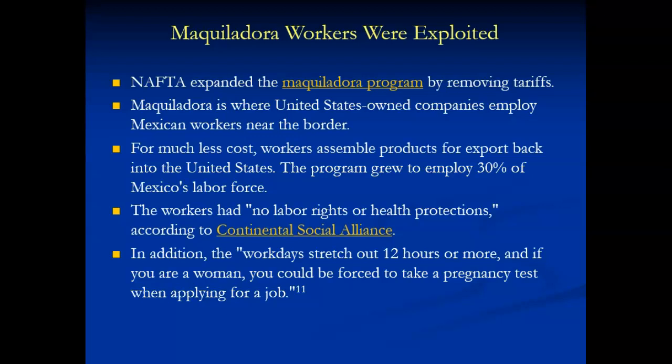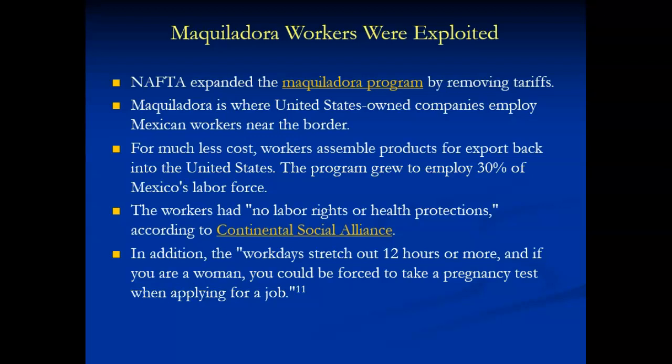So let's talk a bit about maquiladoras. These are the factories that are on the border of the U.S. And there's concern that these workers have been exploited. So there's more of these maquiladoras because of the tariffs being removed because of NAFTA.